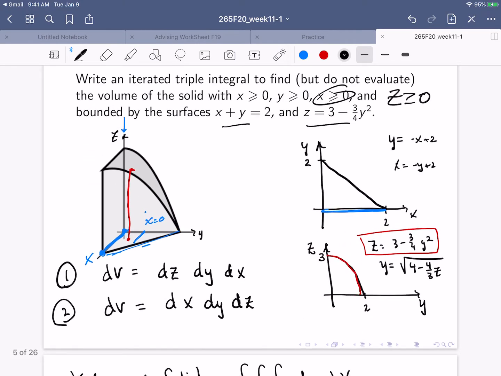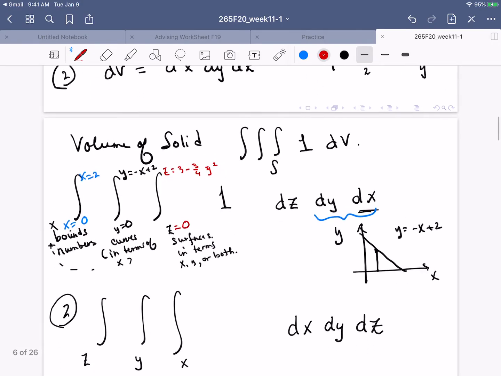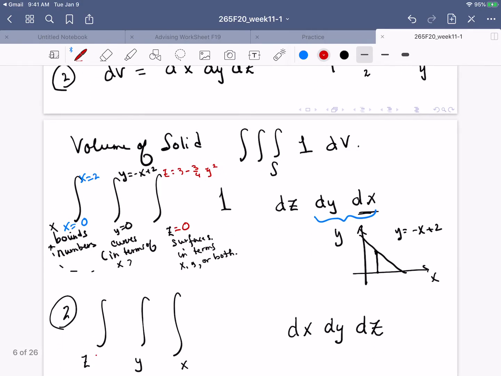If I just give possible values for z, z goes from 0 up to the maximum value there. And according to my yz graph, the maximum value that z can be is 3. So z goes from 0 to 3.